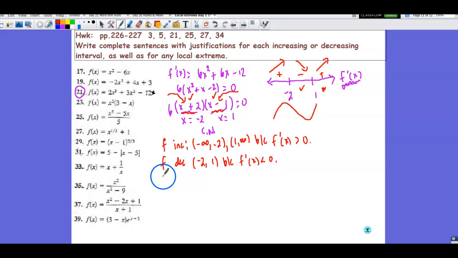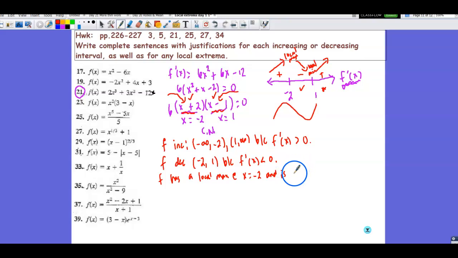Now I can see that I have a local or relative max here, very evident, and a local min here, or relative minimum. So I'm going to say f has a local max at x equal -2 and is, I'm not going to actually calculate it.